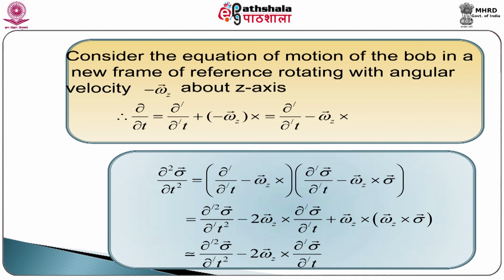Let us consider the equation of motion of the bob in a new frame of reference, which is rotating with angular velocity minus omega_z vector about the z axis. So, the operator ∂/∂t changes in this way, where ∂/∂t equal to ∂'/∂t' minus omega_z vector cross.